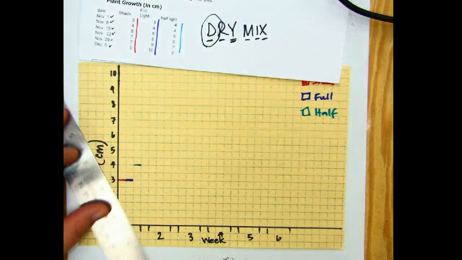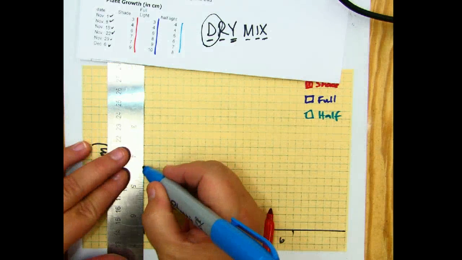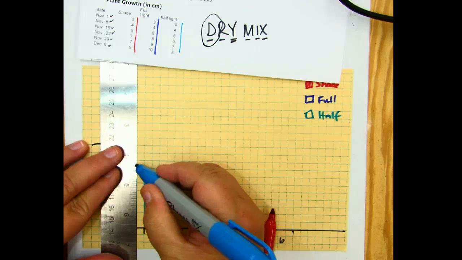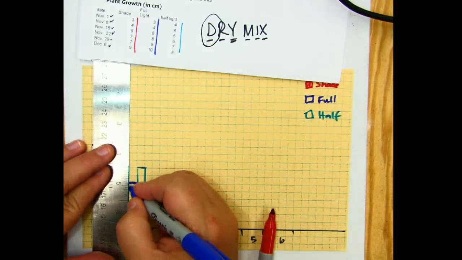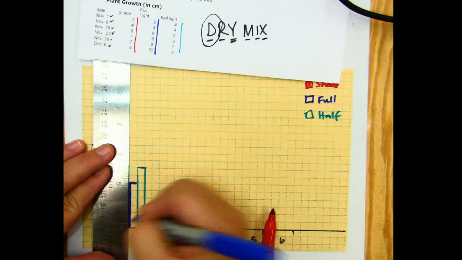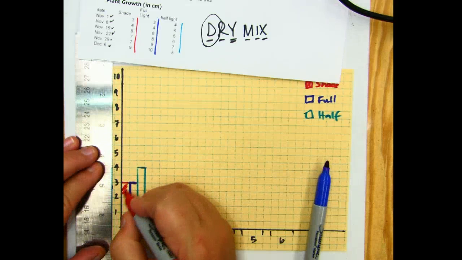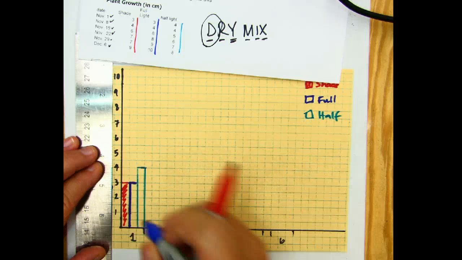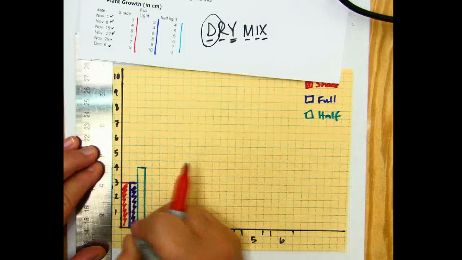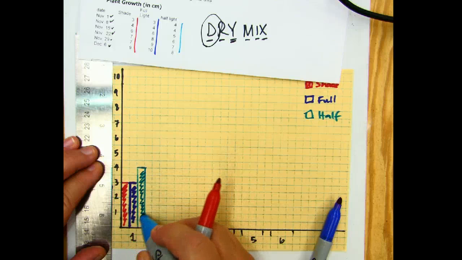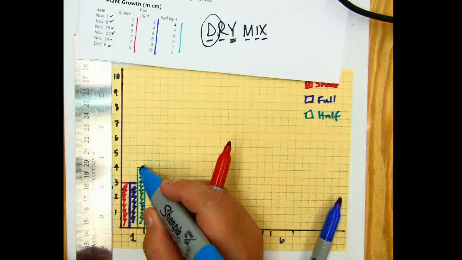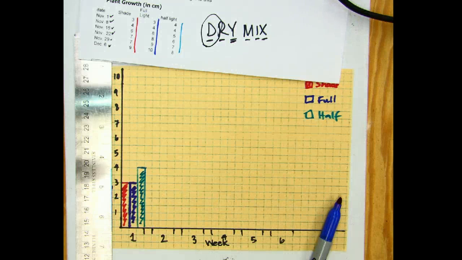Okay? So then you can just make your bars, and that will represent your data. And you can just color it in and show that obviously in the first week, shade and full grew the same amount, and the half light grew a little bit taller.